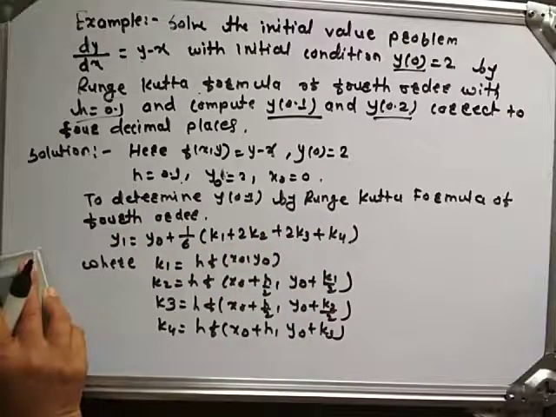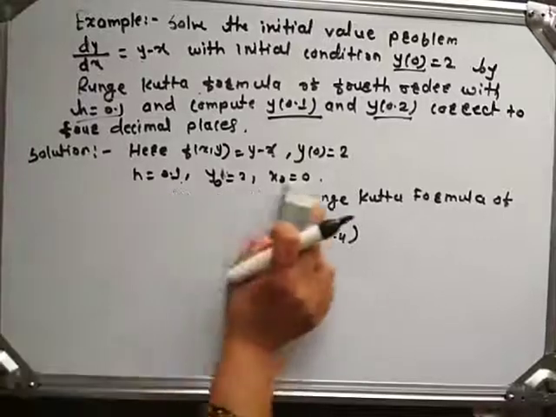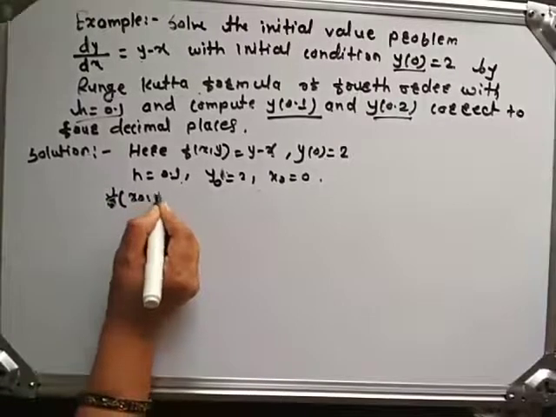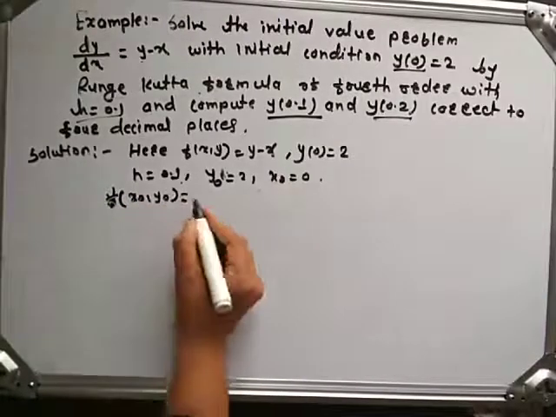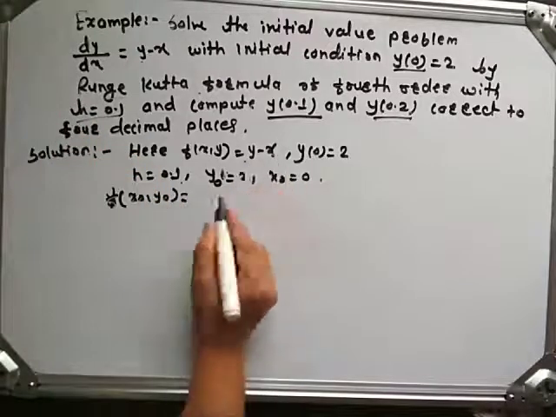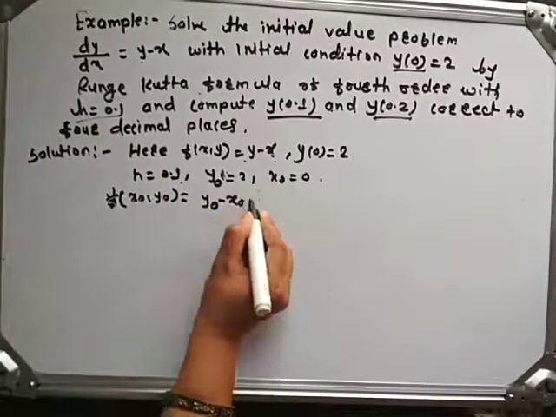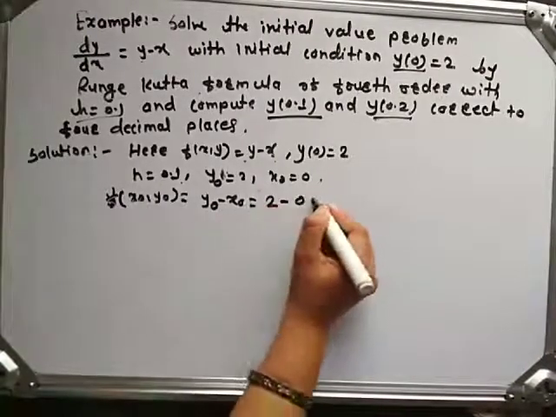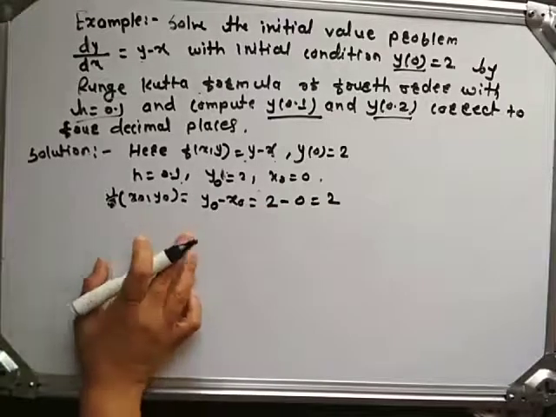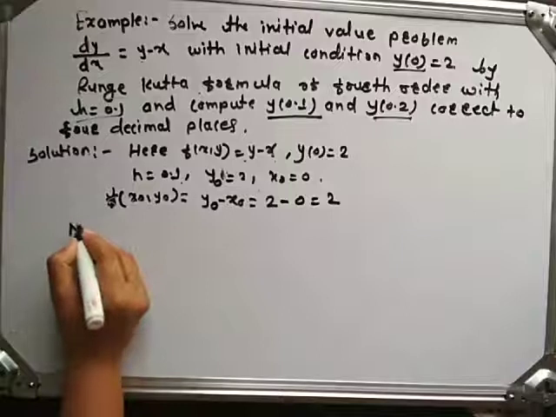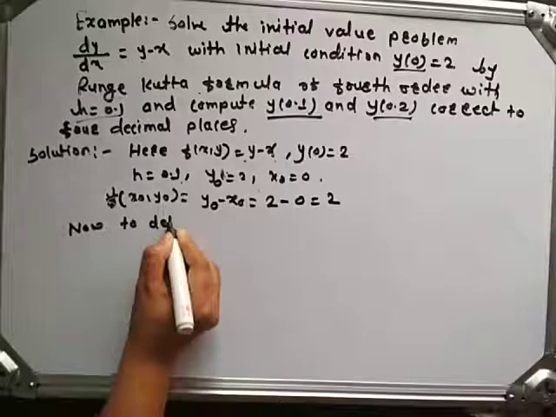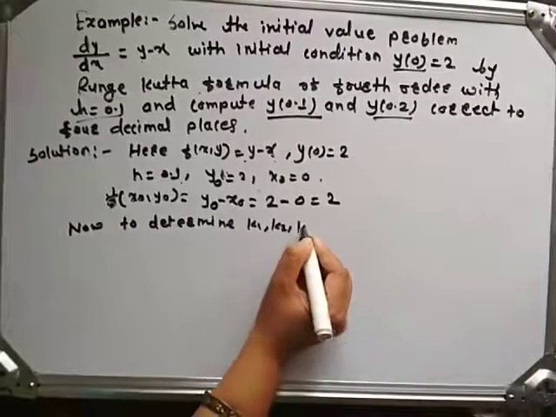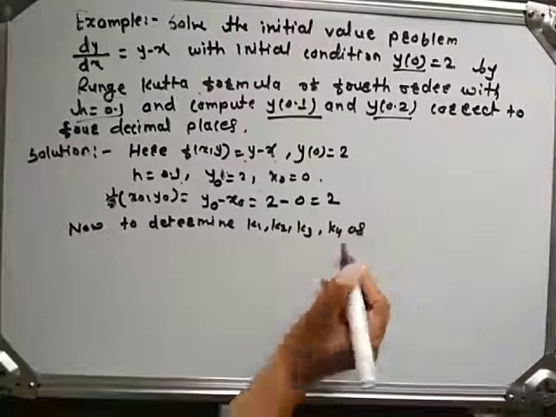So first of all we will find f of (x0, y0). What is f of (x, y)? It is y minus x, so f of (x0, y0) is y0 minus x0. What is y0? It is 2, minus x0 which is 0, which is equal to 2. So f of (x0, y0) is 2.